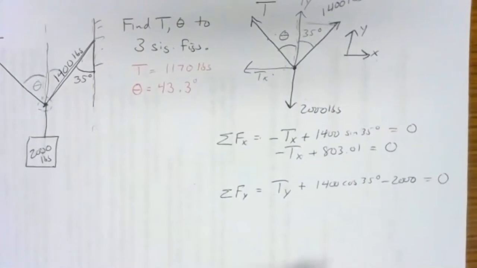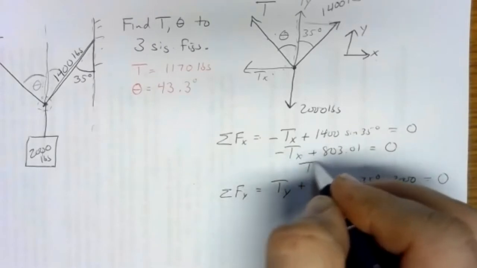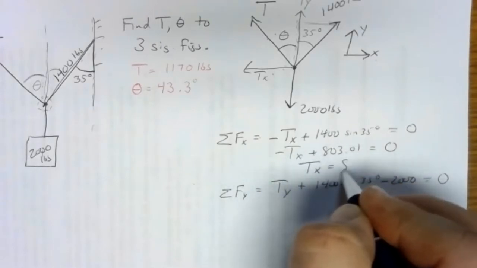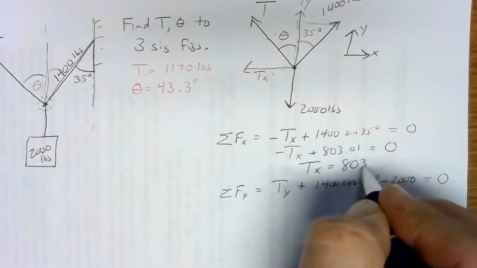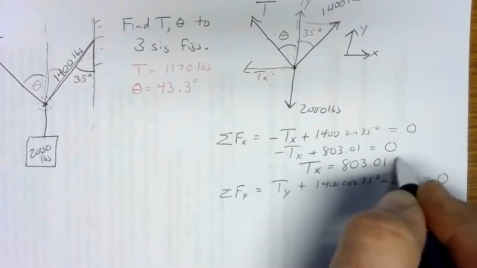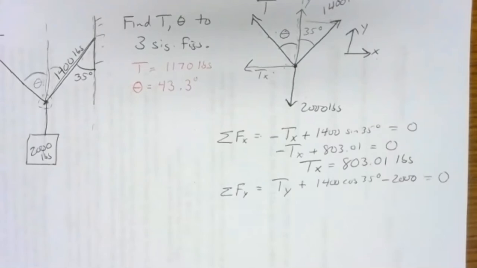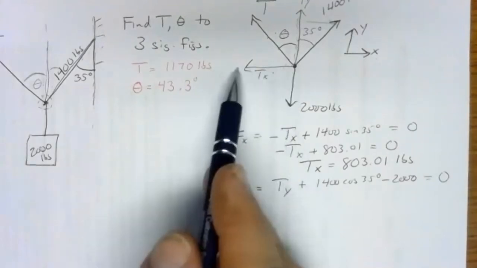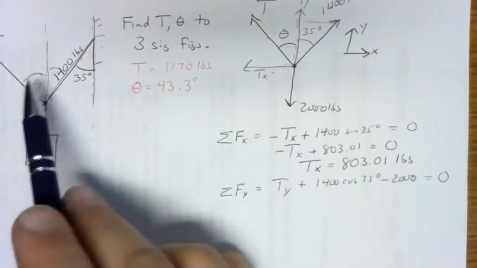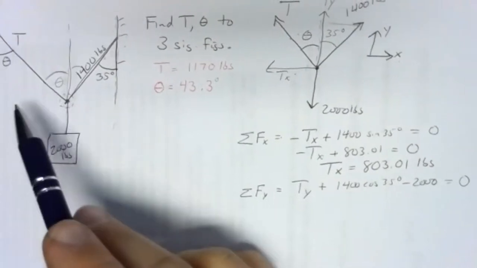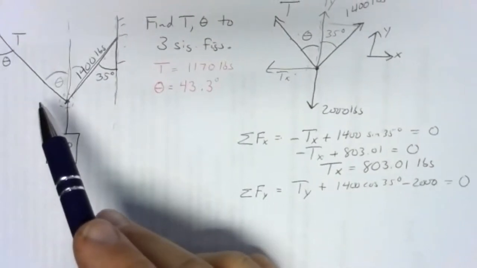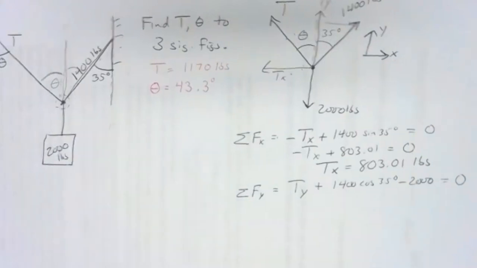And the solution of that one's not too hard. I'll leave that to you to bring the rest of the way and make sure that it comes out positive: 803.01 pounds. So it came out positive because we assumed correctly. We had no choice but to assume correctly. There was only one physical direction this could be in and have this be in equilibrium.